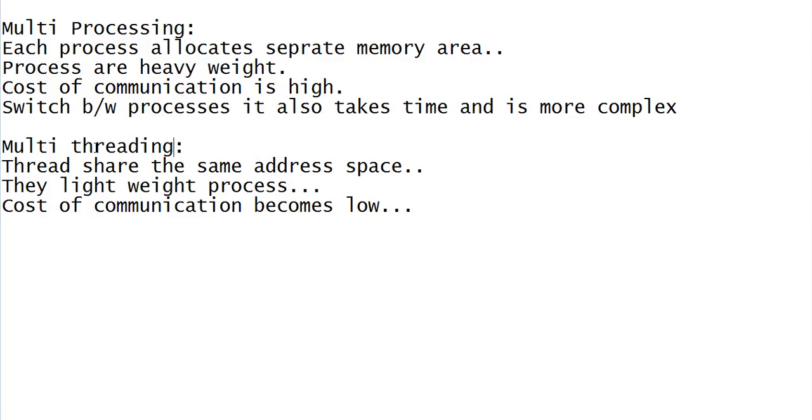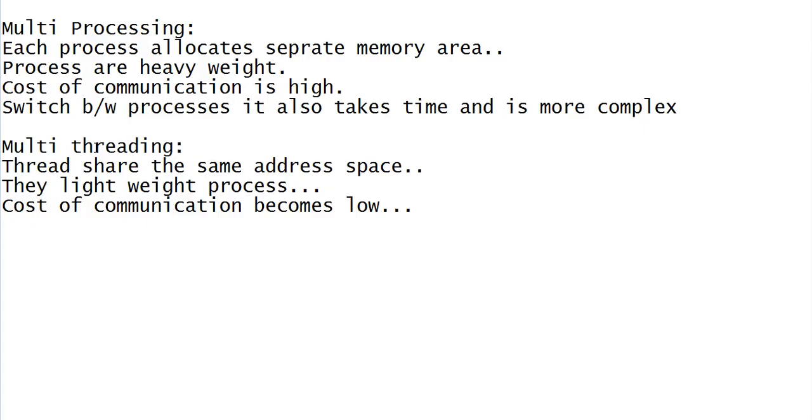The cost of communication becomes low. It means if there is a thread T1 that is executing and it needs thread T3 for its execution to complete, then thread T1 can easily communicate with thread T3 and let it execute first. So the cost of communication between threads is low.